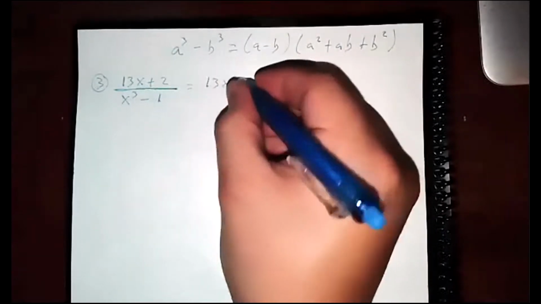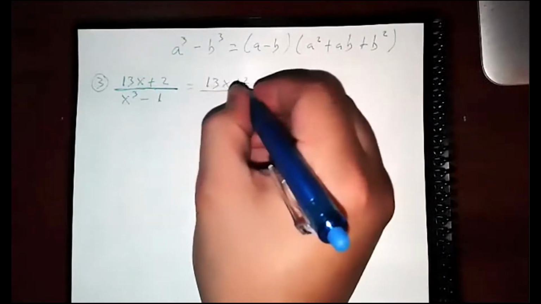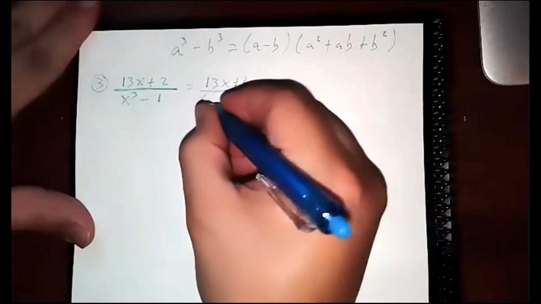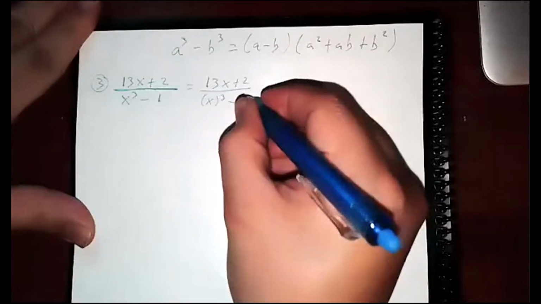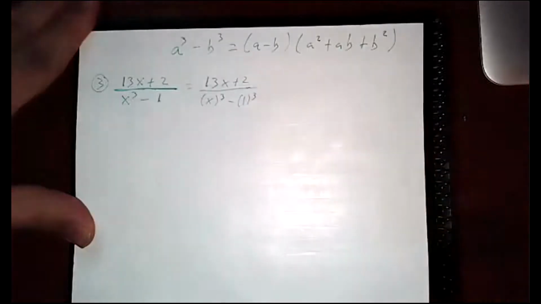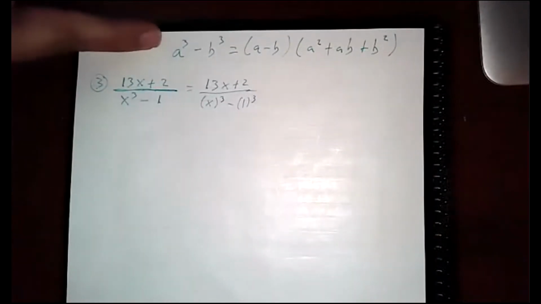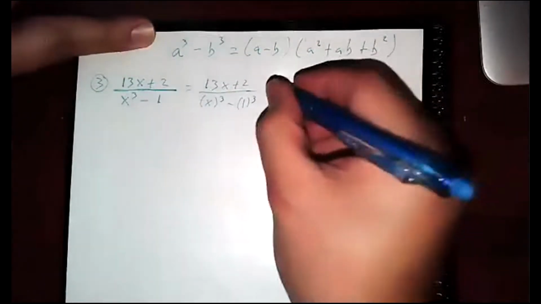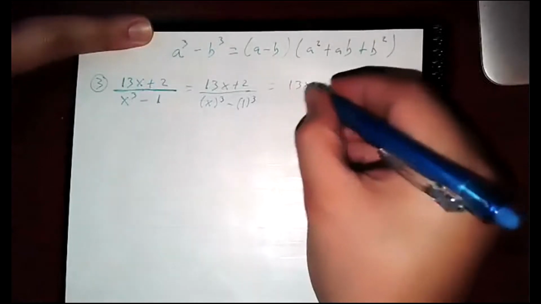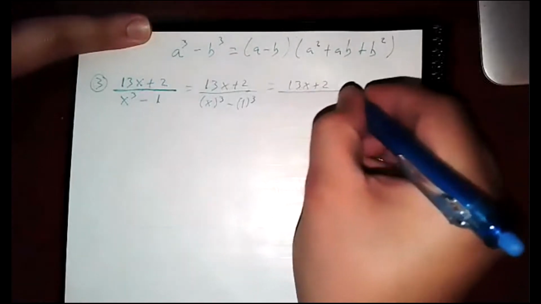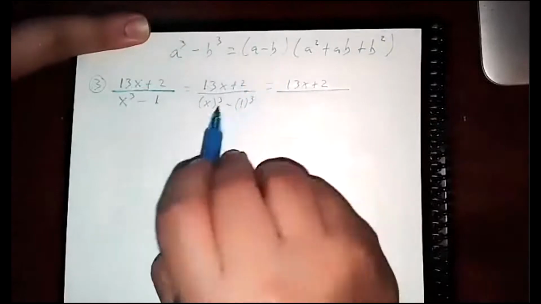Okay, 13x plus 2. So the bottom, you basically rewrite it as an x cubed minus 1 cubed. See what I mean? So then you're going to use this formula up here to rewrite it. So the a and b is x and 1.